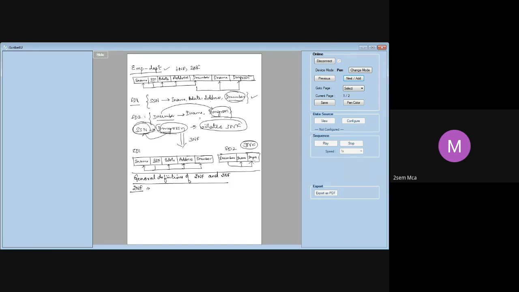A relation schema is said to be in second normal form. We said at that time that every dependency should be a full functional dependency, correct? Now let us put it the other way around.